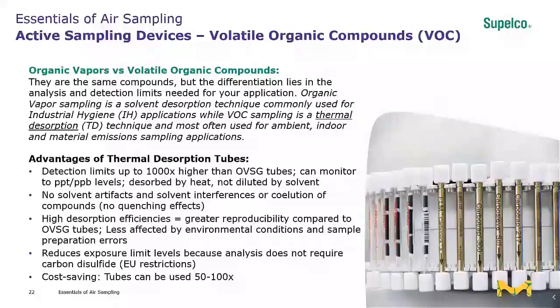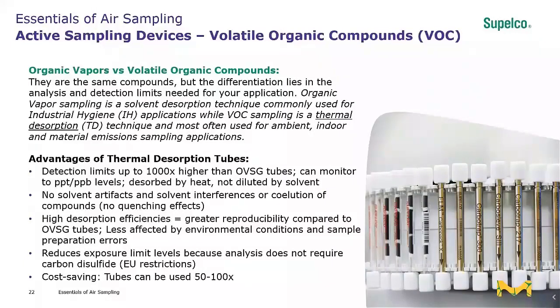Another way to look at organic vapors is that it's typically the term used in industrial hygiene, whereas the term volatile organic compounds is more commonly used in environmental applications.